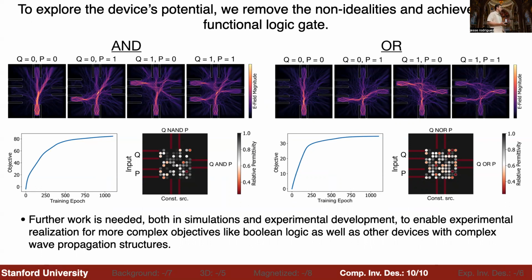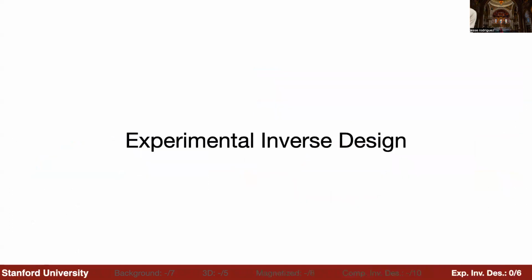But really what this shows is that even with this really simple device, just a 10 by 10 array of non-magnetized elements, if you use this inverse design methodology, you can achieve this really complex, optical computing style functionality. And so it holds a lot of promise going forward. But like I said, we wanted to build these.